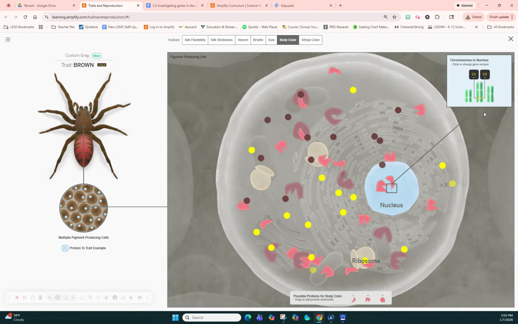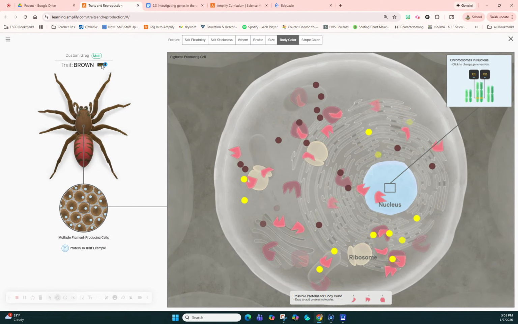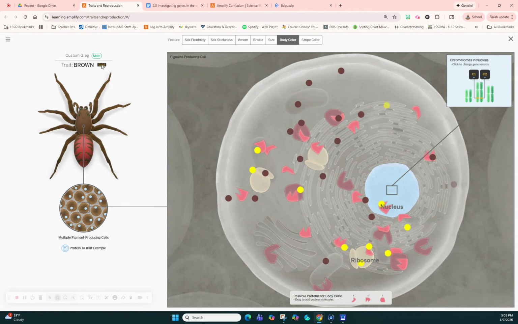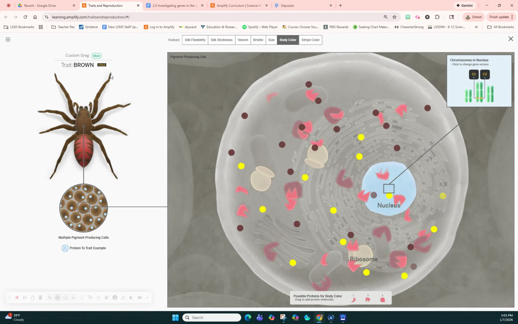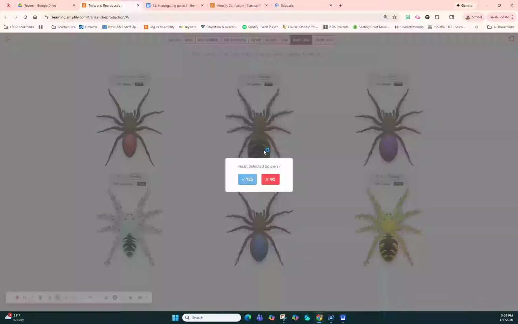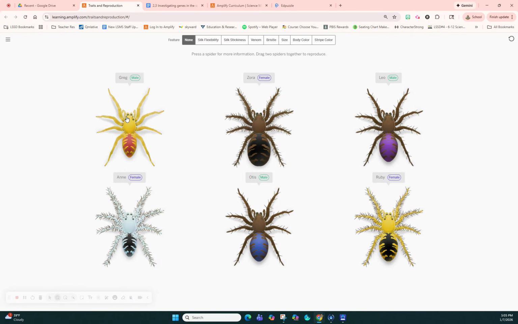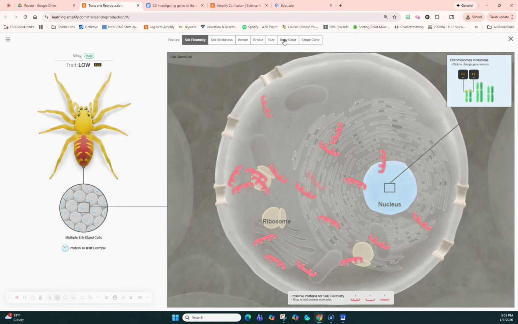Remember, genotype are those genes, so it's those letters. Sometimes you'll represent them with just a big letter like T, but our sim uses a letter and a number combination. So let's go back to Greg and also reset him because I changed his body color. Okay, I'm at body color.